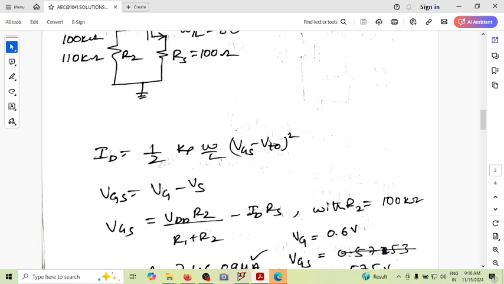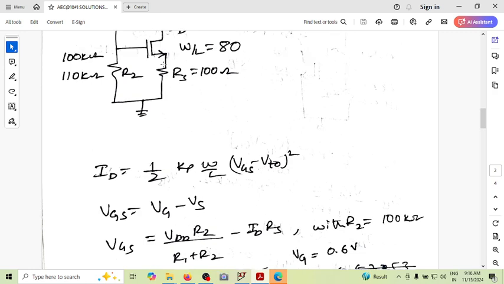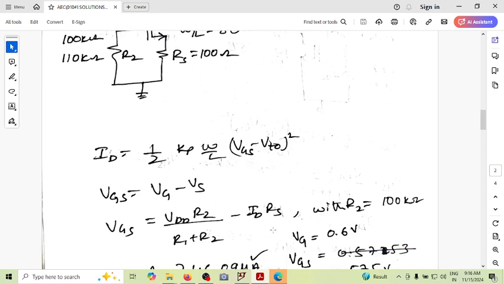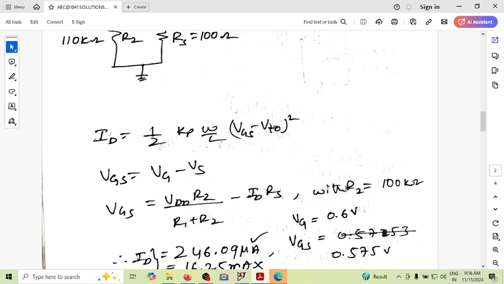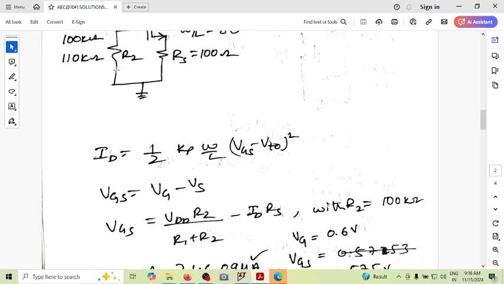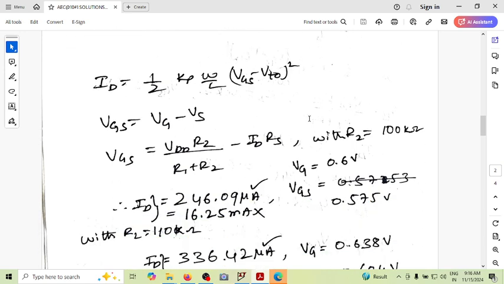We have a voltage at the gate which is VDD R2 by R1 plus R2, and the voltage at the source is the current flowing through this resistor multiplied with the resistance, which is ID into RS. So that's what we are trying to find. With R2 as 100 kilo ohms, the value of VG becomes 0.6, and of course we are using this equation.